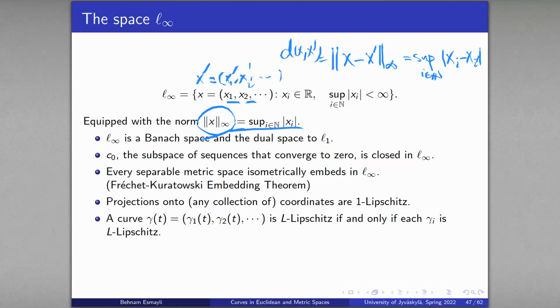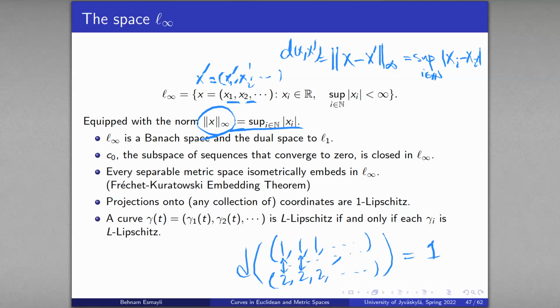So for example, 1, 1, 1, all the way to infinity, and 2, 2, 2, all the way to infinity, their distance is equal to 1, because you get this gap equal to 1, this gap equal to 1, but they don't add up. You look at the biggest one of them, and it's always 1. So that's a big difference from the Euclidean norm we are used to, because there you square this gap, square this gap, add them up and take the root.